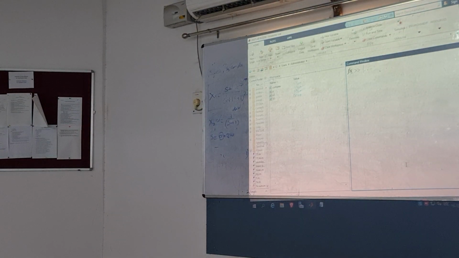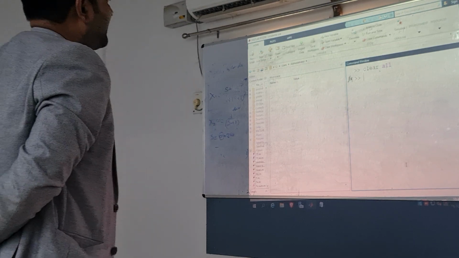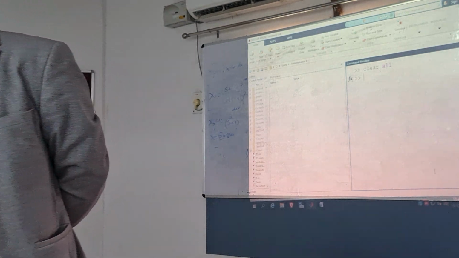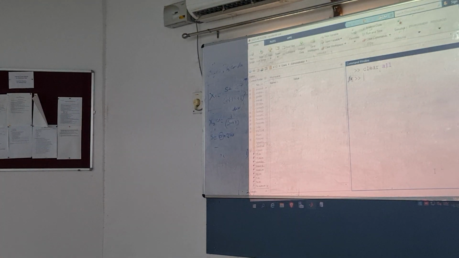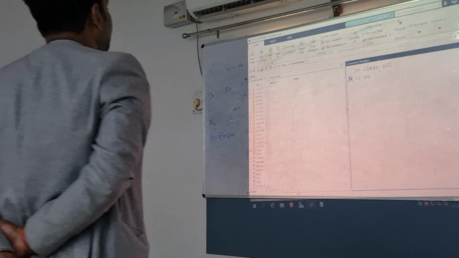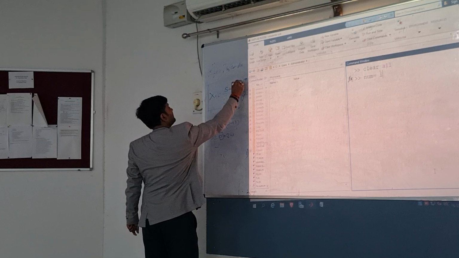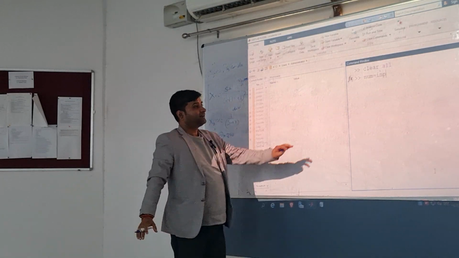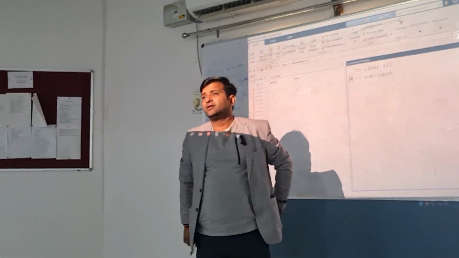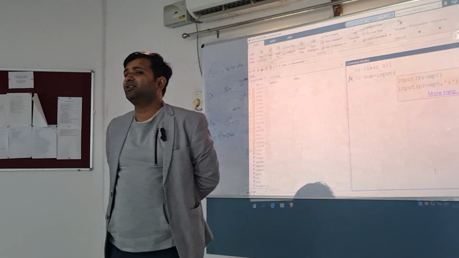The basic previous codes can be clear all and CLC. Then you have write down the declaration. First you have write down the NUM signifies the numerator. NUM means the numerator polynomial.